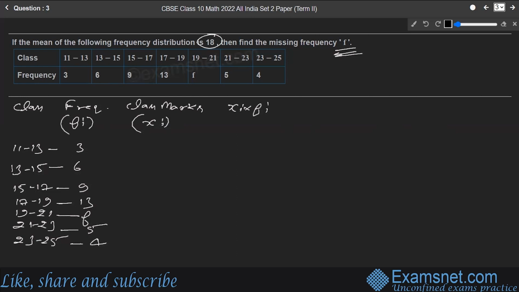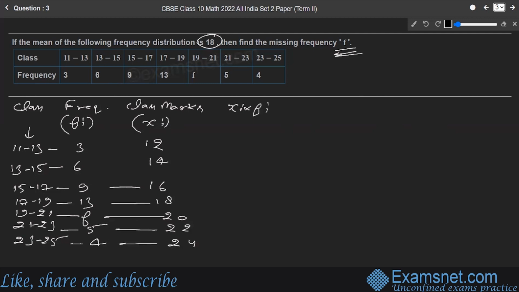Now let us find the class marks. Class mark is nothing but the mid value of the class. The mid value of 11 and 13 is 12, of 13 and 15 is 14, and this way we can find all: 16, 18, 20, 22, 24.